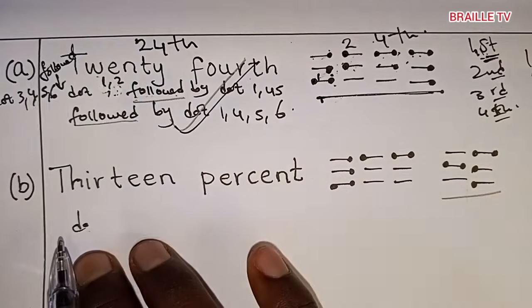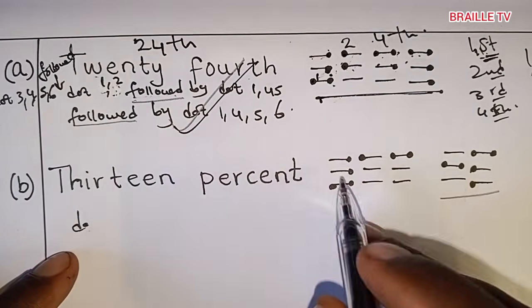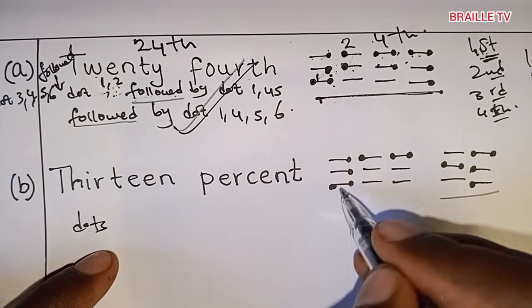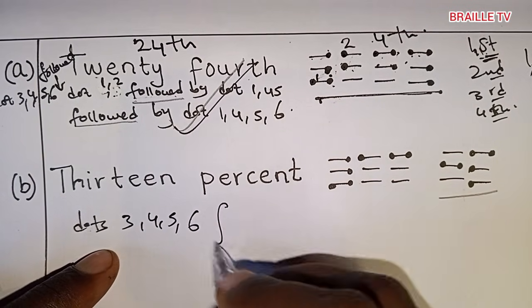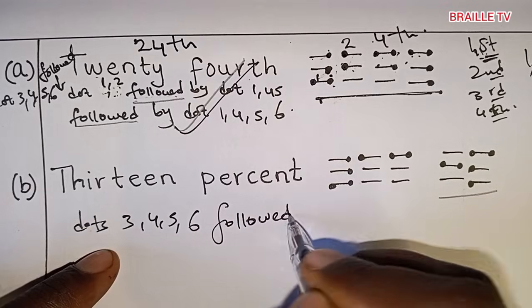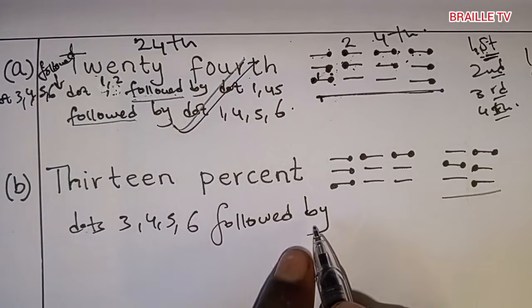Okay, let us come here. 13%. So here unasema dots. Now you state the dots of a numeral sign. Dot 3, 4, 5, 6 followed by, and I told you followed by means you are going to the next Braille cell.